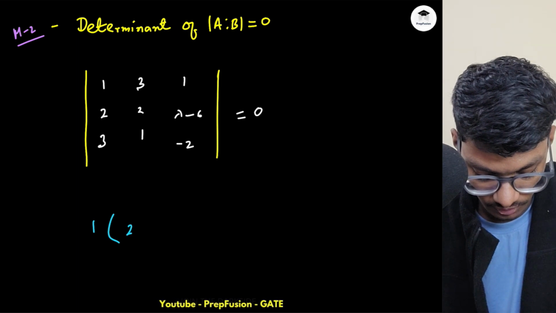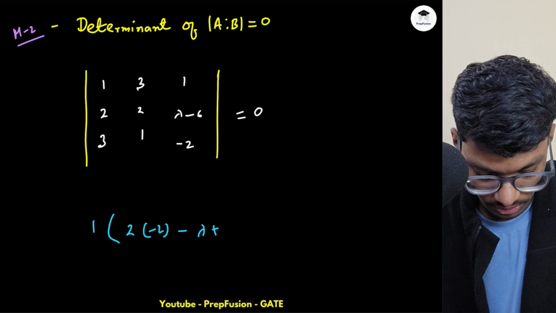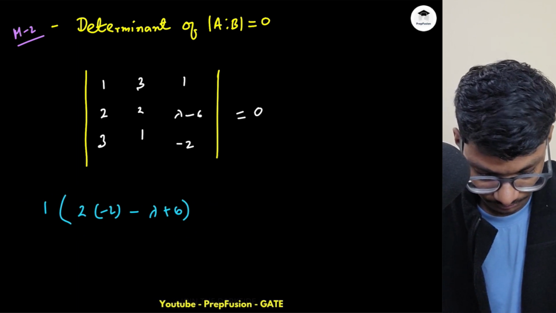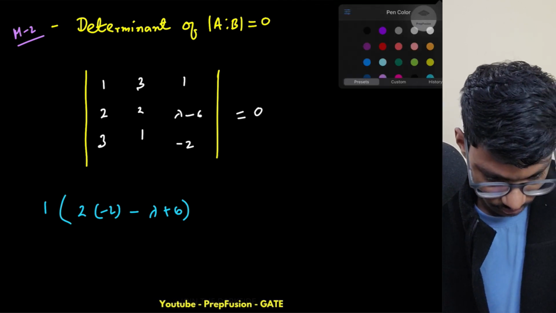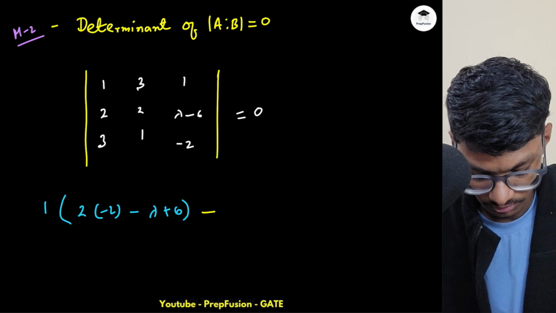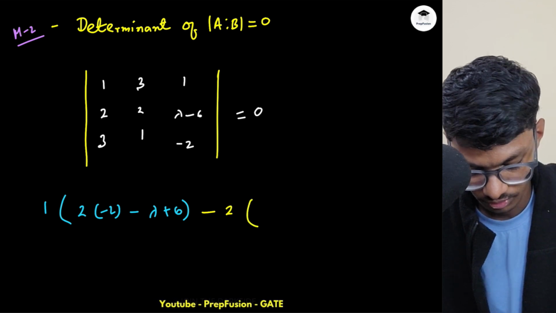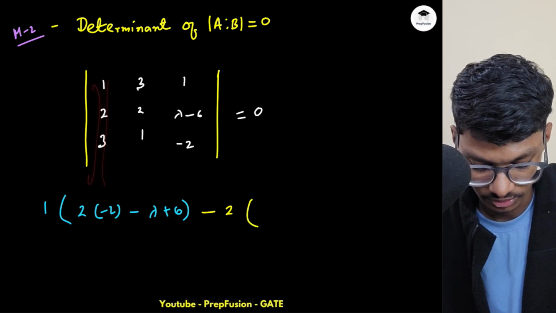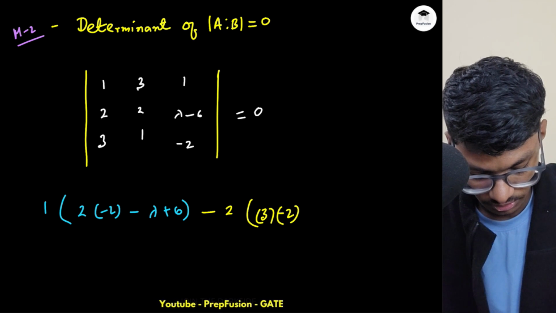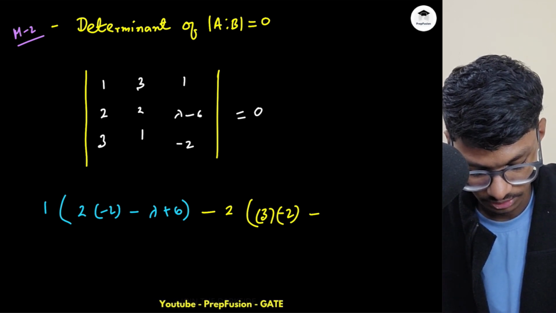So this is 1 into 2 into minus 2 minus lambda plus 6, and then I'm going along this column, so minus 2 into 3 times minus 2, minus of this 1.